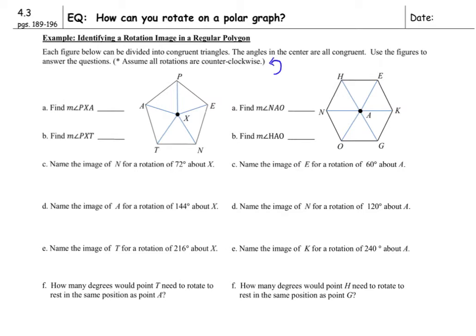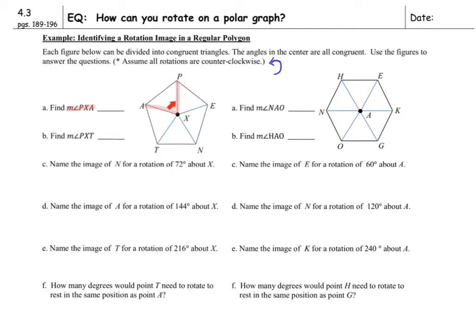So in this first example, we want to find the measurement of angle PXA using this figure. So PXA would be this little angle right here. And if you remember, these shapes can be divided into congruent triangles. So the center of this would be 360 degrees.